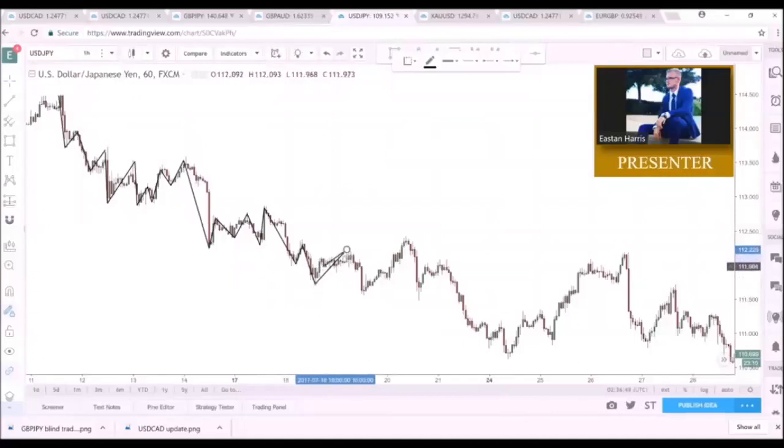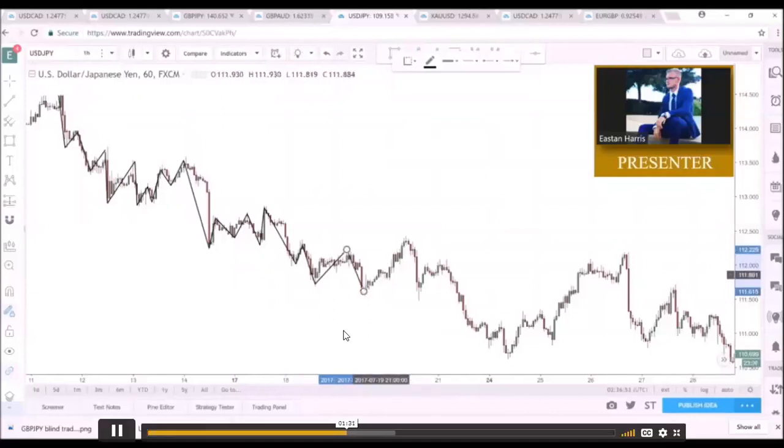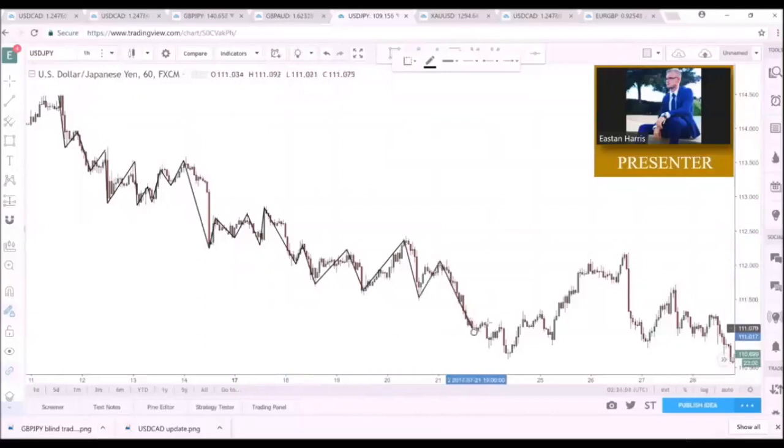What I did was I just clicked on this highest point here before it made this initial move down. You want to make sure you're getting the important structural points, okay? But at the same time, you don't want to get every single little whipsaw.